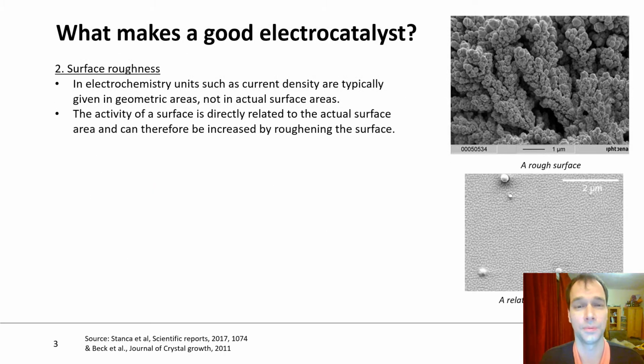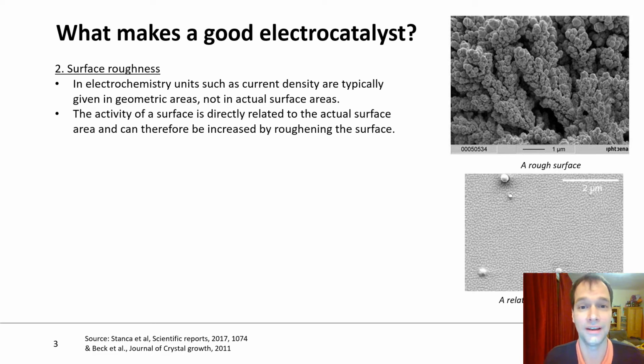There's a second property that also determines whether a material is a good electrocatalyst. That one is a lot simpler. Namely, it's the surface roughness. The more surface area you have, the more electrocatalytic area you have for the reaction.